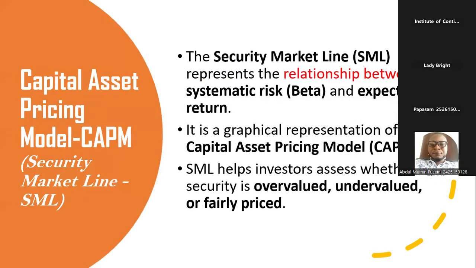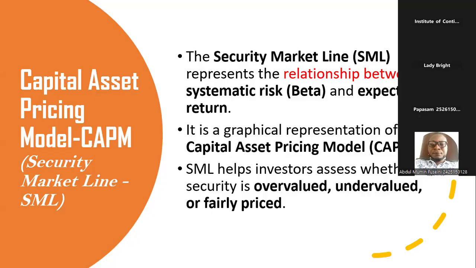Today, then we want to look at the securities market line or CAPM. CAPM is the technical word we know, or in some books it will be securities market line. It represents the relationship between systemic risks and the expected returns. The relationship between risks and expected returns.